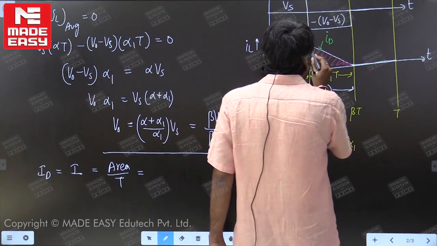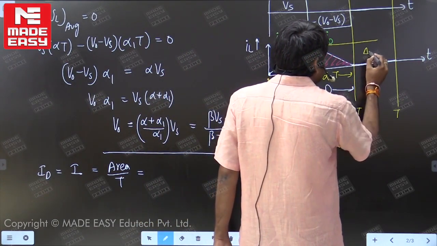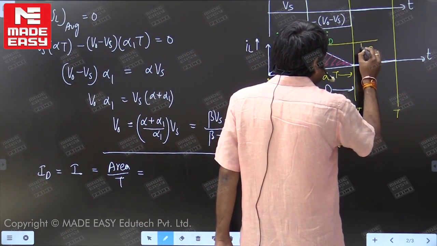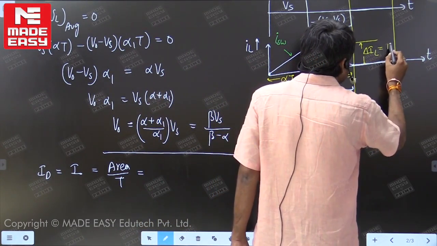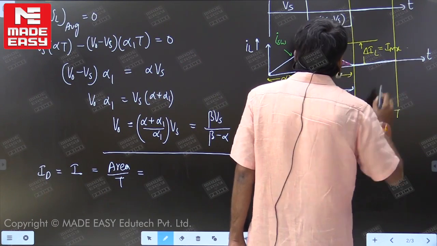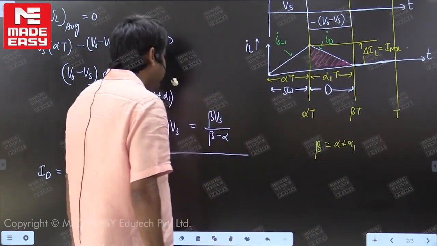So here, this part is the ripple current. Ripple current is nothing but I maxima here.